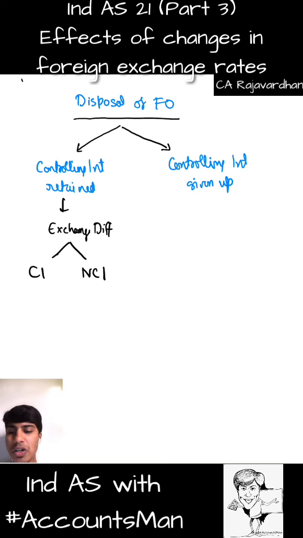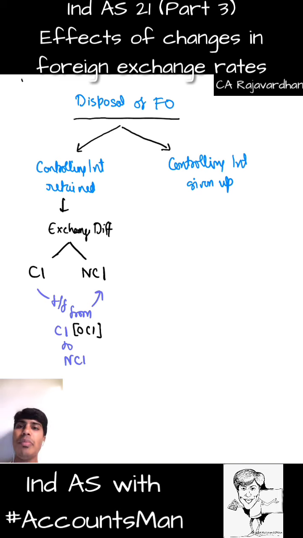So what I do in this particular case is transfer from controlling interest to non-controlling interest. When I talk about controlling interest, it will be in other comprehensive income. So from my other comprehensive income, which is there on the equity and liabilities side, it will go to my non-controlling interest, which is there on the equity and liability side of my balance sheet. So it will just change the heading. It will go from OCI to NCI.